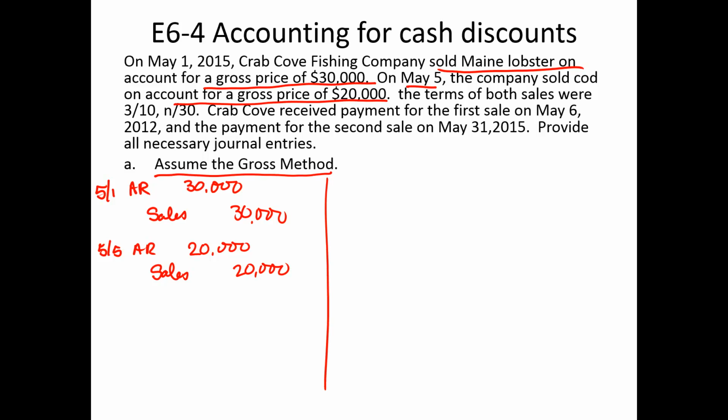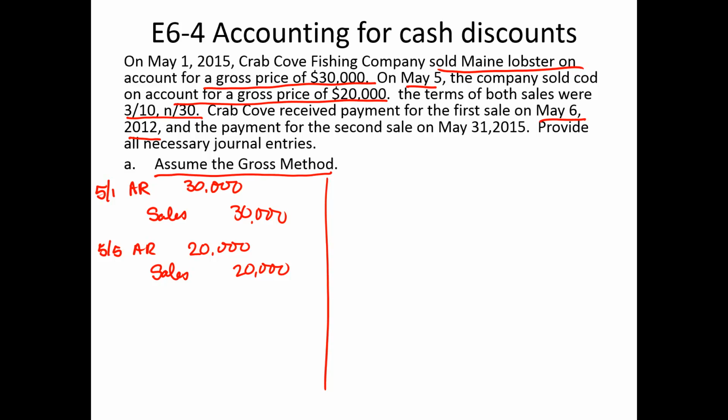For the sale of the lobster, notice that the customer is going to pay on May 6th, and notice the terms were 3, 10, and 30. That means that if the customer pays within 10 days of the invoice, in other words, by May 11th, they don't have to pay $30,000.